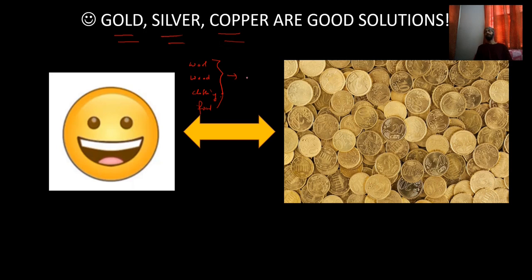These copper coins or silver coins or gold coins became standards. In different geographies, different kinds of these metals or metal coins began to be used in different proportions: gold, silver, and copper. In some place, gold was the main currency, in some place, silver, in some place, copper, in some place, all three of them were used in different proportions. Like this, currency or the currency of exchange became prevalent. Gold, silver, and copper began to be used as money.